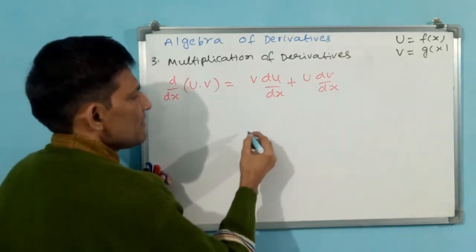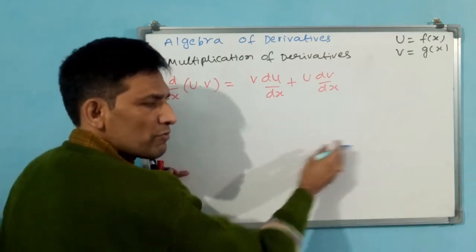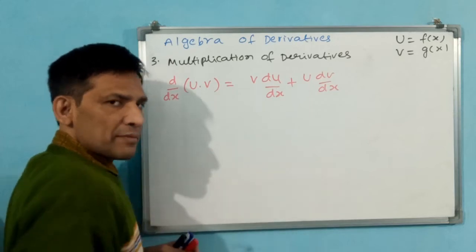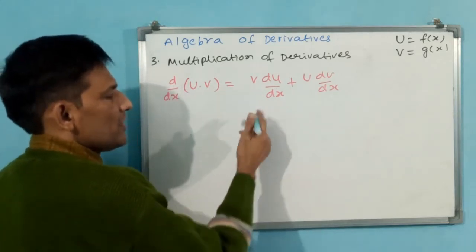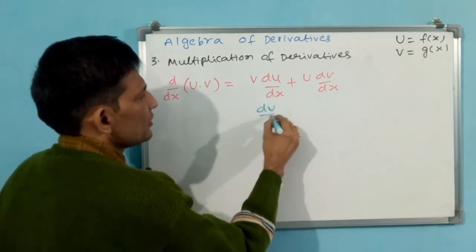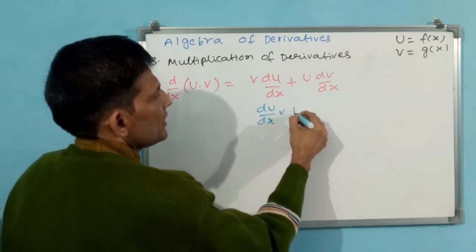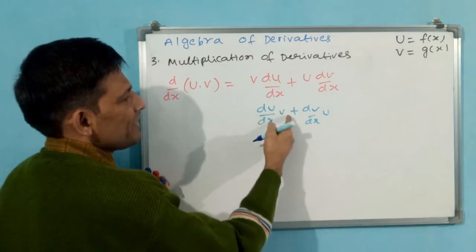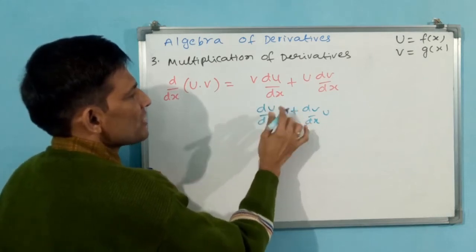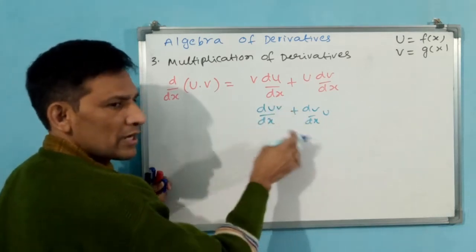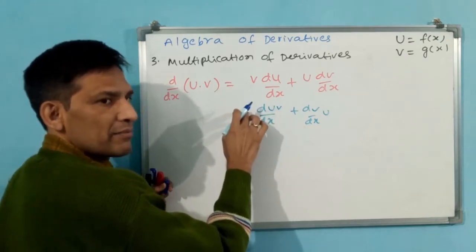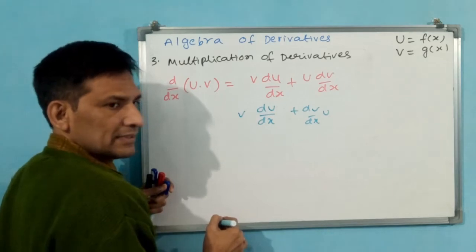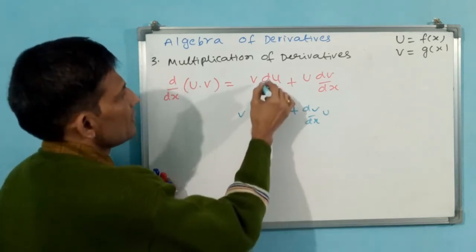But when a function is there, then it is going to mix both. That is why you write the function separately and the derivative separately. You can also write du by dx v plus dv by dx u, but then the v is going to become like a denominator, you are writing something in numerator only. That is why you make them separate.